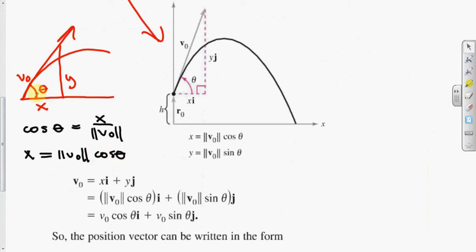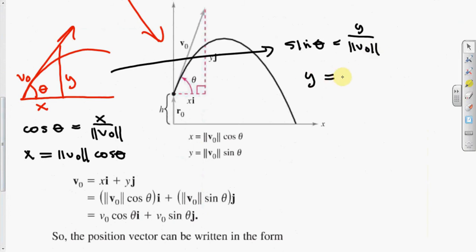And then if I take the sine of theta, I have the opposite, y, over the hypotenuse. And so we get y is equal to this magnitude of the initial velocity times sine theta.